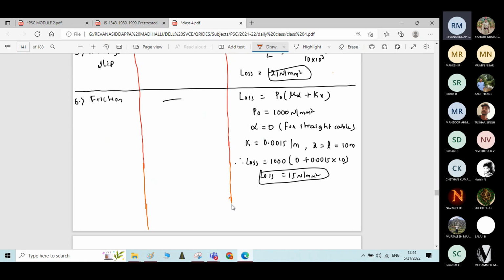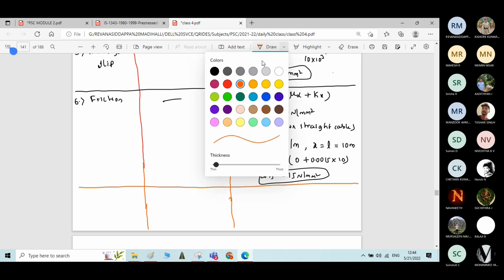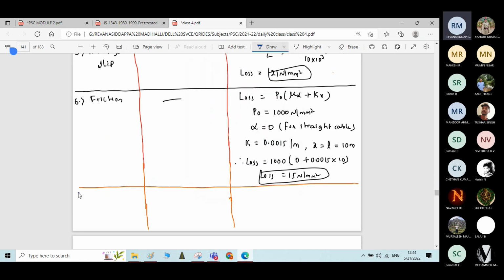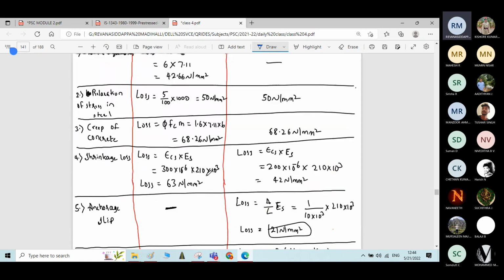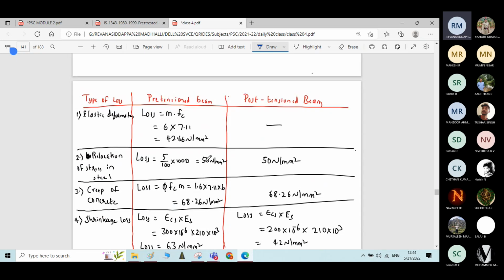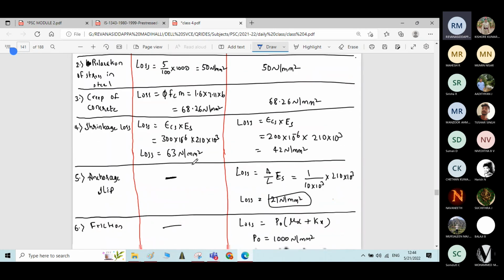Now we can calculate total loss with respect to pre-tensioning and total loss with respect to post-tensioning. For the pre-tensioned beam, the total loss of stresses is 42.66 plus 50 plus 68.26 plus 63.